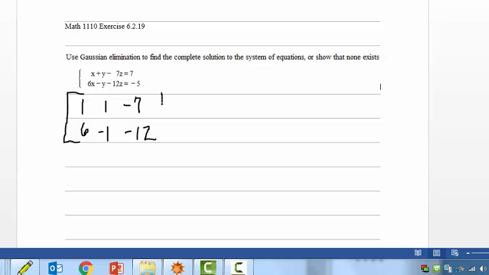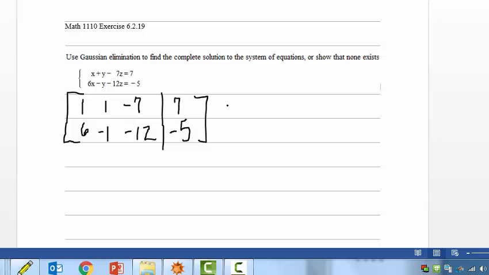And we're going to put a vertical dividing line where the equal sign goes. And on the opposite side of the equals from the variable terms, we have our constants. Whenever you have fewer equations than variables, either you're going to get a dependent or inconsistent system.